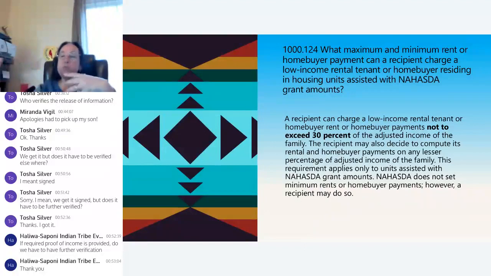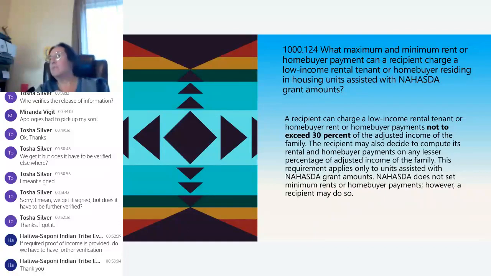You can also decide to compute your rental and homebuyer payments on any lesser percentage of adjusted income of the family. The requirement applies only to units assisted with your NAHASDA grant amounts. NAHASDA does not set minimum rents or homebuyer payments. However, you as a recipient may do so.